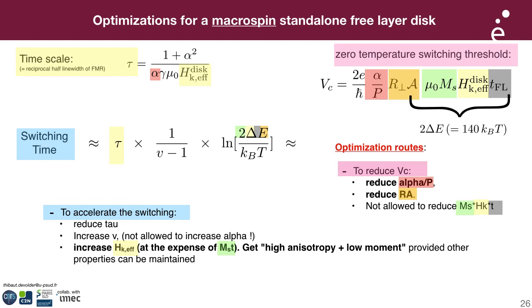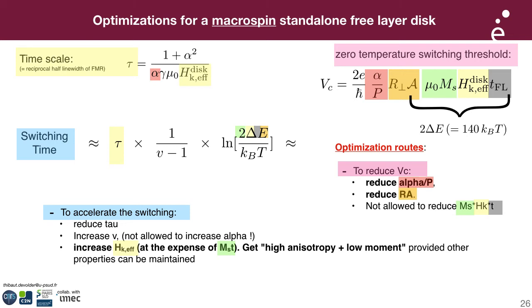Okay, you would like to optimize the applied voltage, of course, and one way to accelerate the switching without compromising the voltage that you need is to increase the effective anisotropy field at the expense of the magnetization thickness product.